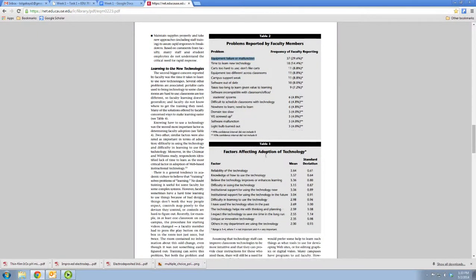Factors affecting adoption of technology. I guess this is also ranked. Reliability of the technology, knowledge of how to use the technology, belief the technology improves or enhances learning, difficulty in using the technology, institutional support for using the technology now, and support in the future, difficulty in learning to use the technology.